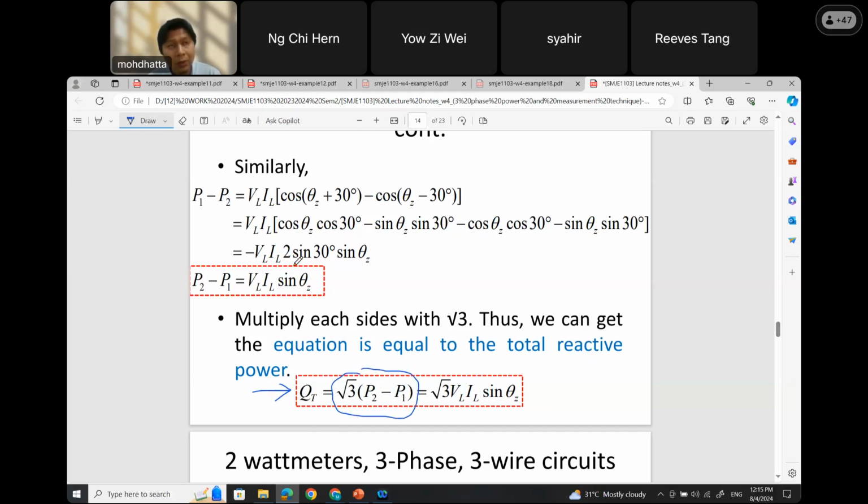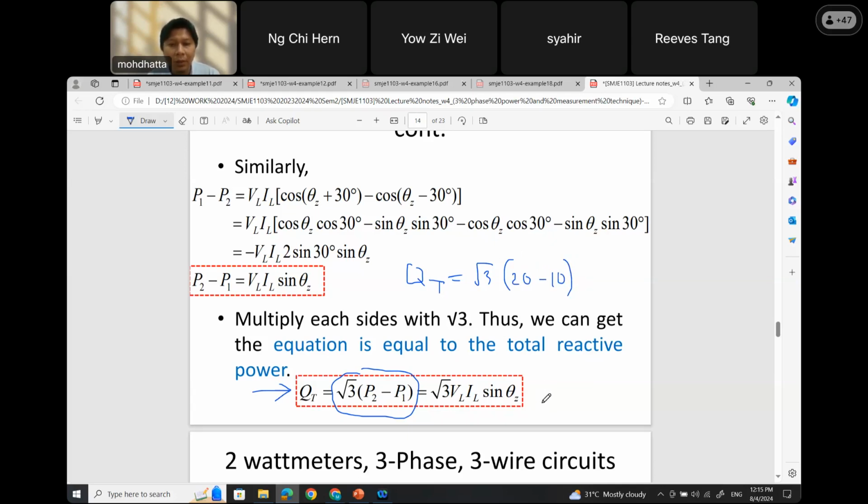If we consider the values as I made for example just now, to get my Q total, I will have 3 times 20 minus 10, so 3 times 10 in this case.